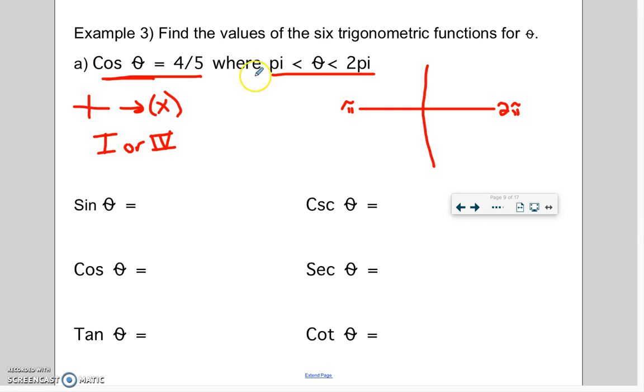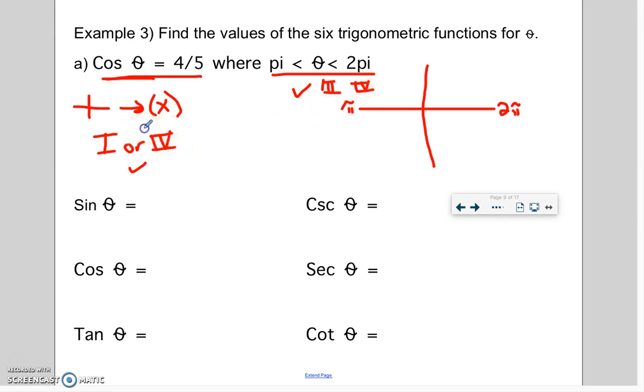So therefore, if my cosine is positive here, and it needs to meet this restriction, I need to meet this restriction, and I need to meet this restriction. So where do these two overlap? Well, if we look from pi to 2 pi, that's going to be quadrants 3 and 4.